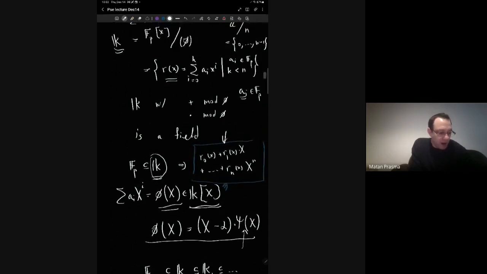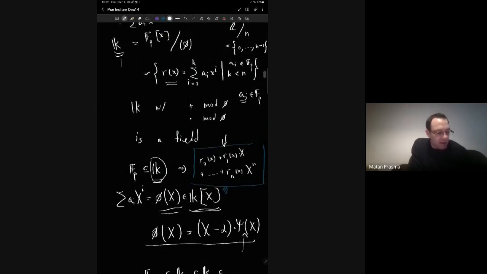I need to add them according to the addition and multiplication in k. And addition and multiplication in k is modulo phi.